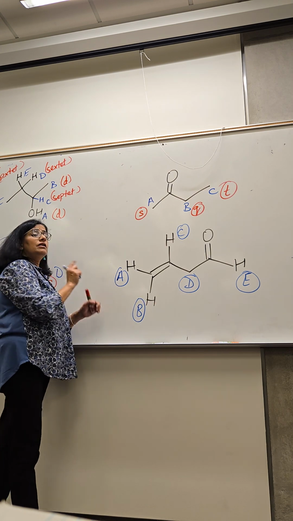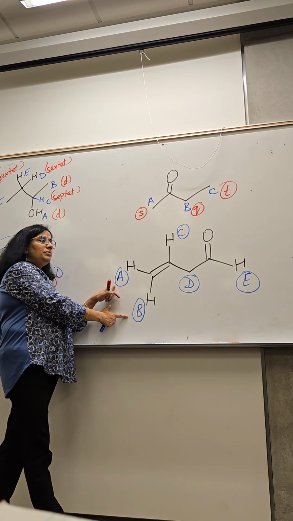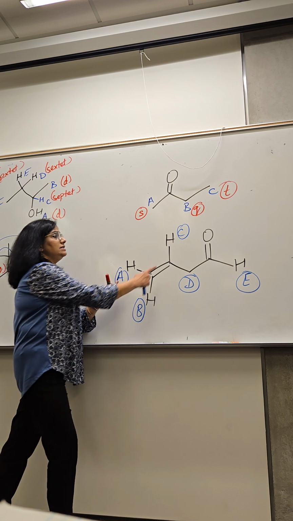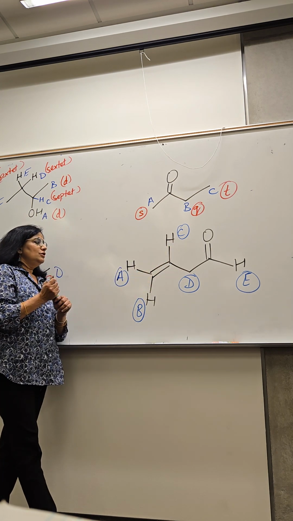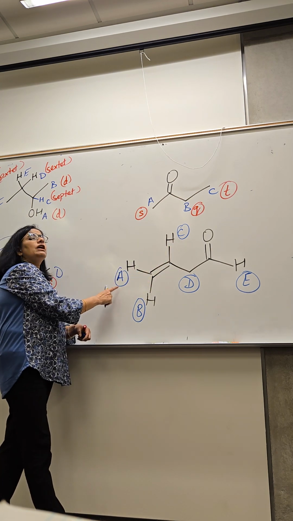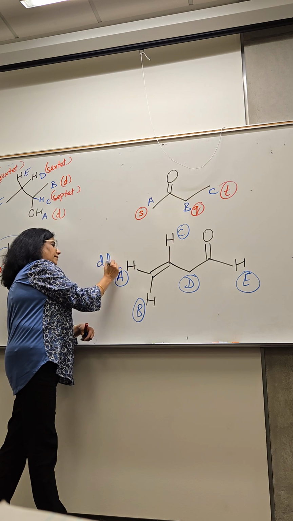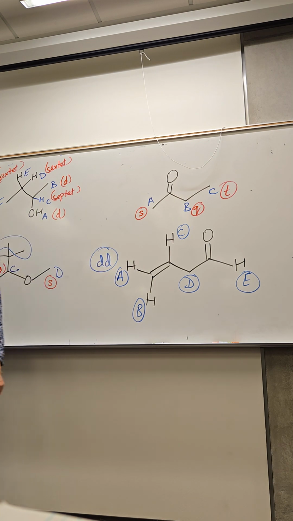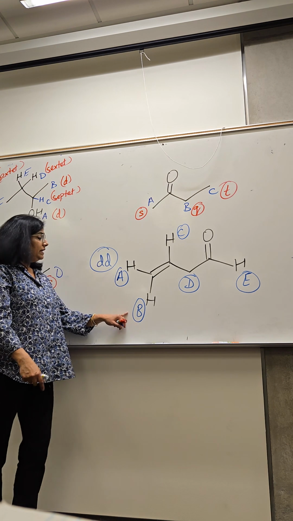Do you think AB coupling will be equally strong as AC coupling? No. So what should be the multiplicity for A? Those couplings are very different from each other. It's a doublet of a doublet. What about B? Is B coupling with A?